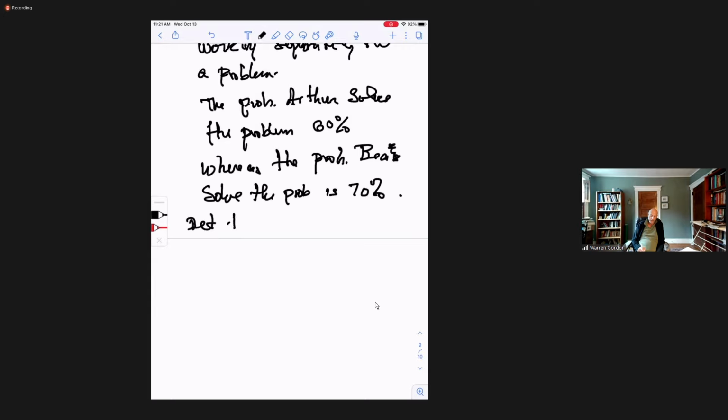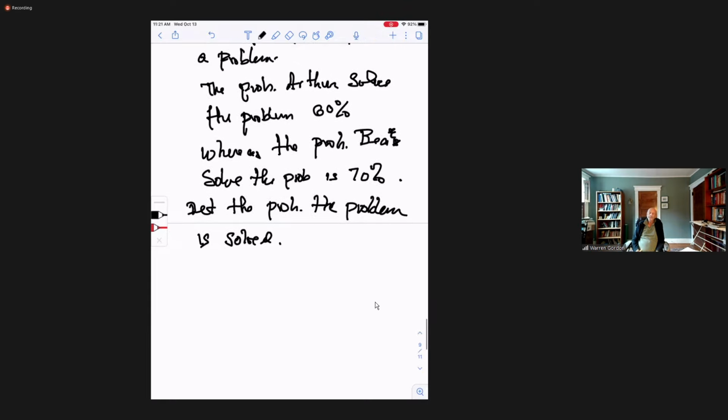Determine the probability the problem is solved. So I'm going to let A be the event Arthur solves the problem, and B will be the event that B does.